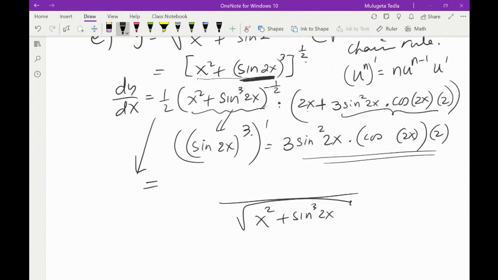That's what the negative half means. And the 2 is in the denominator, and whatever is up there is going to be in the numerator: 2x plus what is here. We can bring the numbers up front. Again, 6 sine cubed of 2x cos of 2x is what I got.